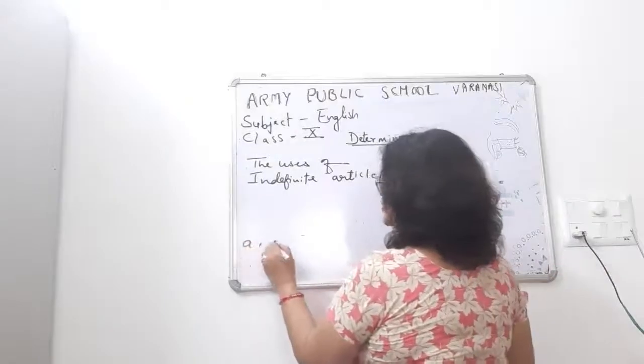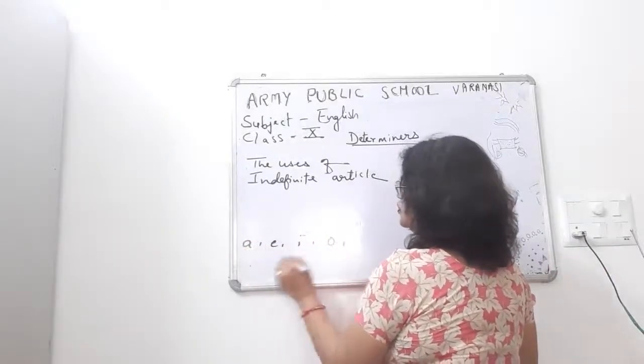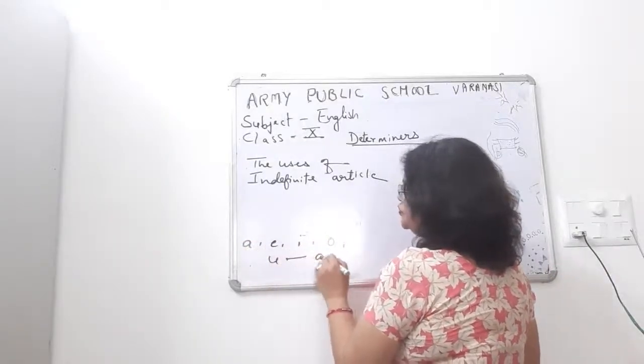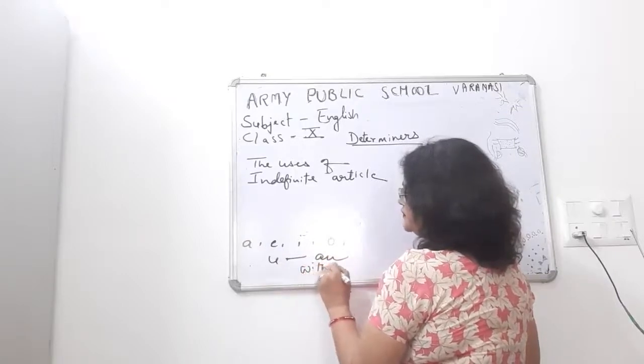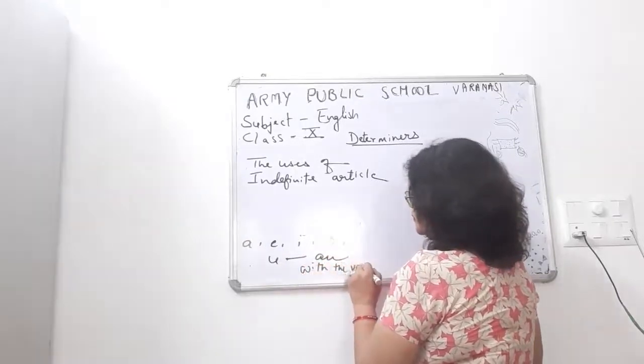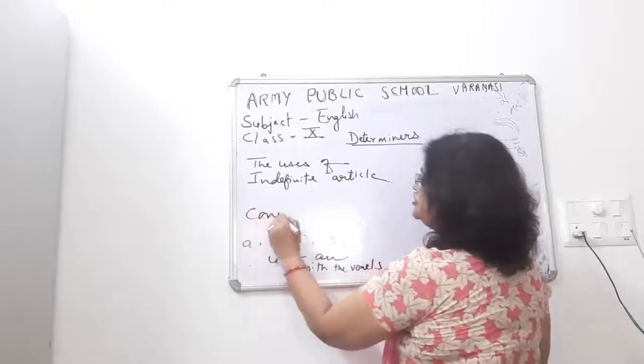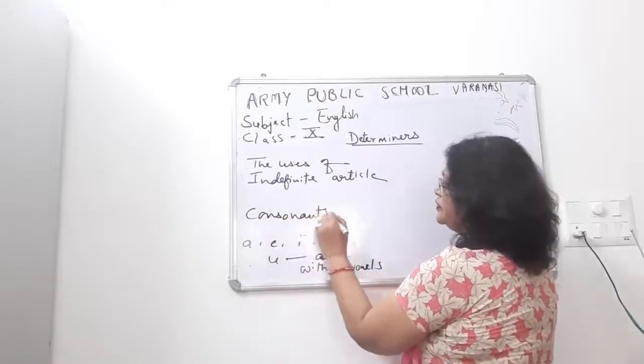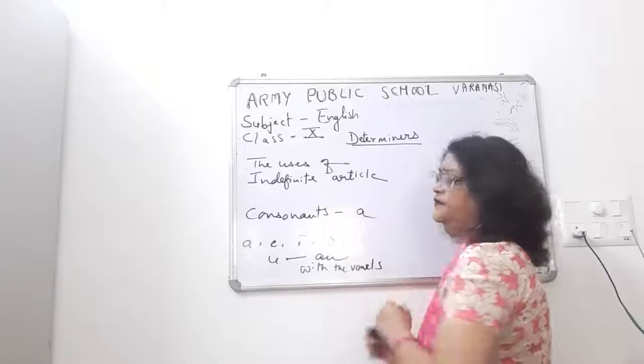A, E, I, O, U are the vowels. So we use an with the vowels, and with the consonant sounds, we use a.